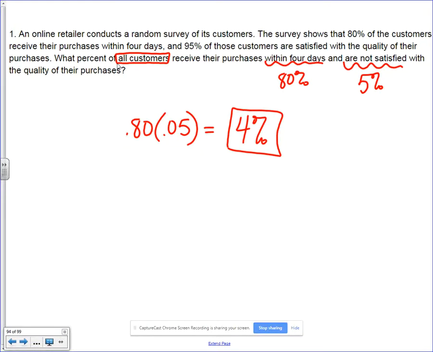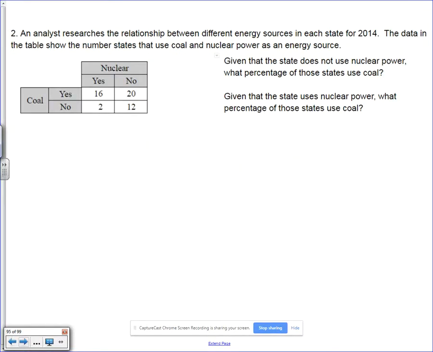All right, so if you're looking at the next one, we're going to be starting to do a lot of these kind of charts with your percentages. It says an analyst researches the relationship between different energy sources for each state for 2014. The data in the table shows the number of states that use coal and nuclear power as an energy source. Given that the state does not use nuclear power, that means I'm automatically over here. We are not using nuclear power.